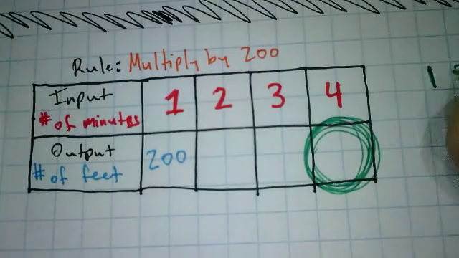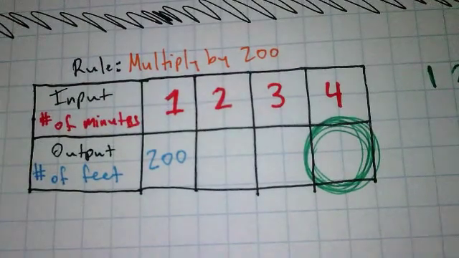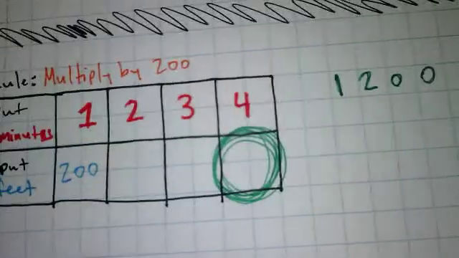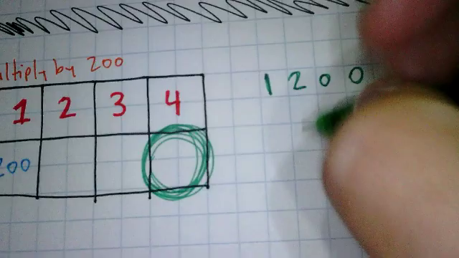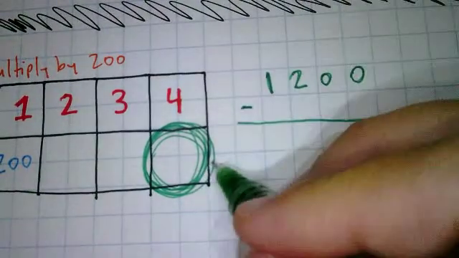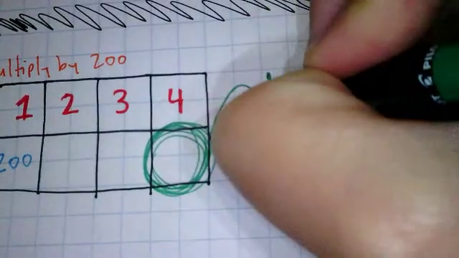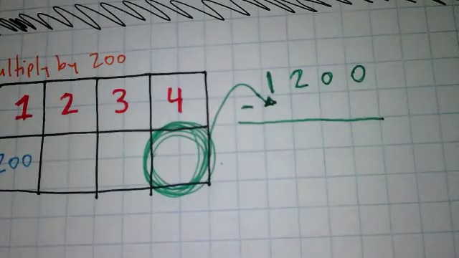So, when we get to this number, and I'm going to tell you right now, it's not 1,200. What do we need to do with that number once we get it? Subtract. We need to subtract it. So whatever number you get here, you need to place it into the subtraction problem and subtract.